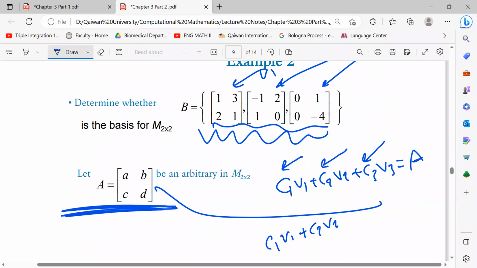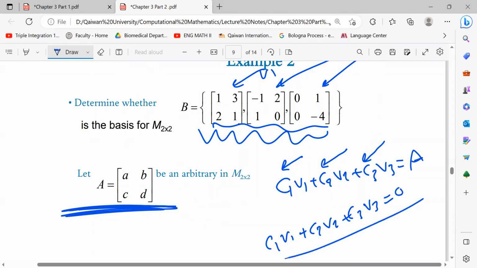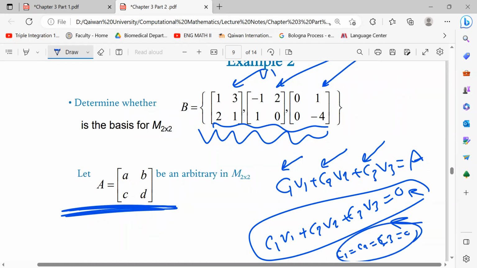We said if C1 V1 plus C2 V2 plus C3 V3 equals 0, a zero vector, and in this system we get C1, C2, C3 all equal to 0, that means these three vectors are linearly independent.